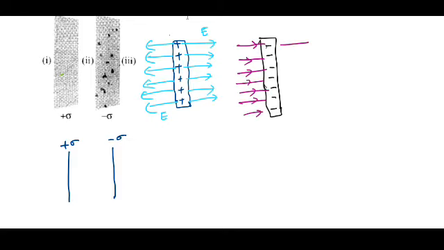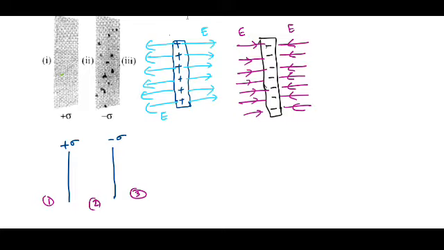And from the other side also, the electric field lines are always going into the charges. This is the direction of the electric field. This is region 1, this is region 2, and this is region 3.